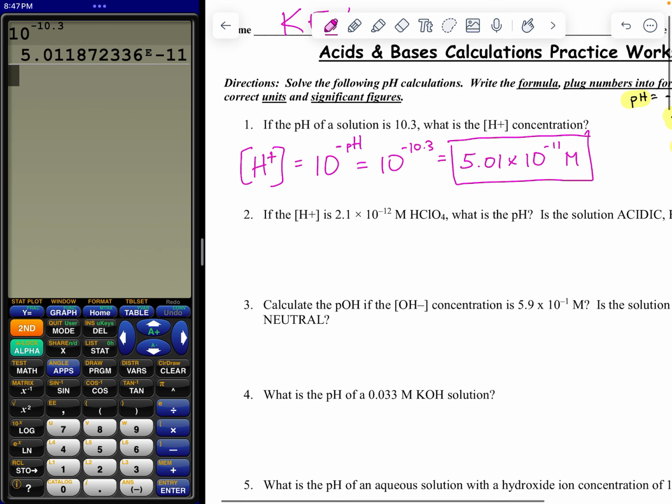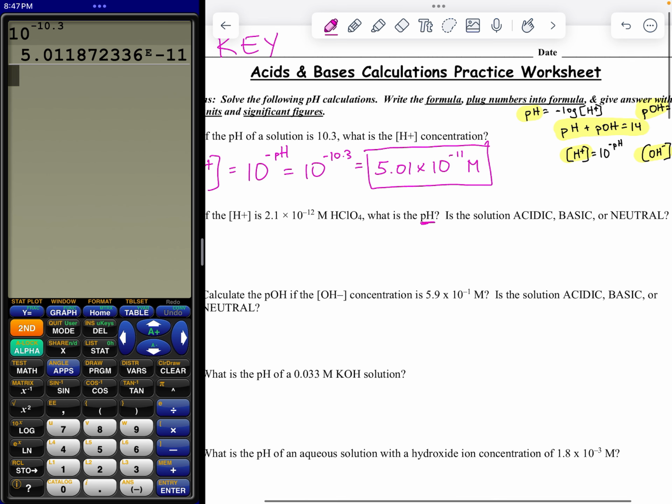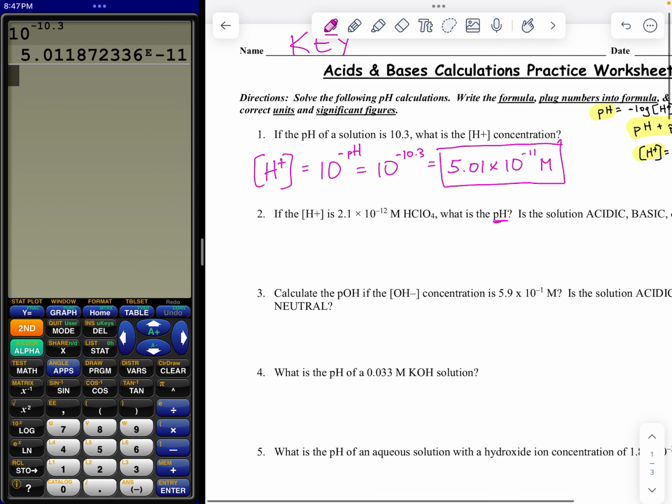Over here, we're looking for the pH, and then from that we can figure out whether it's acidic, basic, or neutral. So you're given the concentration of H plus here, which means that we can calculate the pH, because that P just means negative log of whatever that concentration is. Notice there's only one hydrogen ion that'll be formed in solution here, so we don't have to worry about multiplying that concentration value by anything.